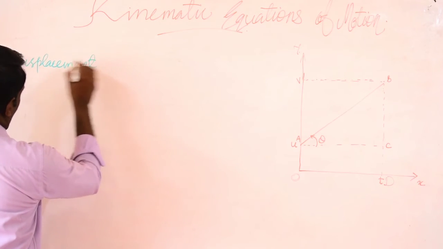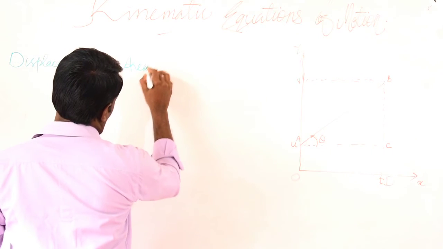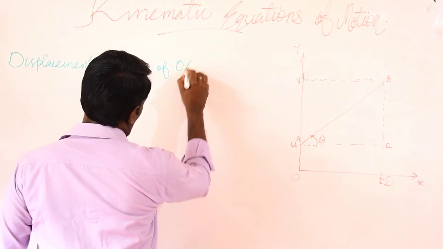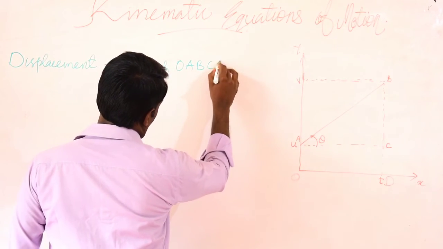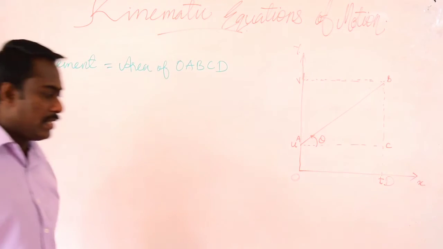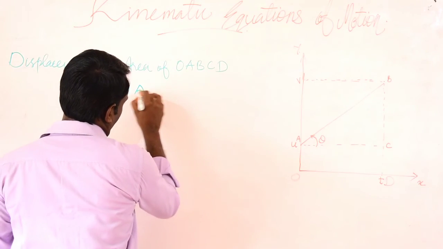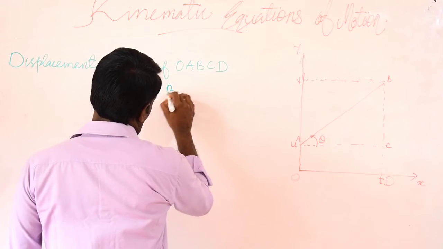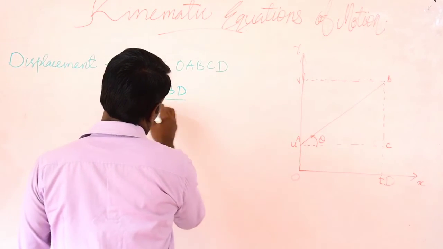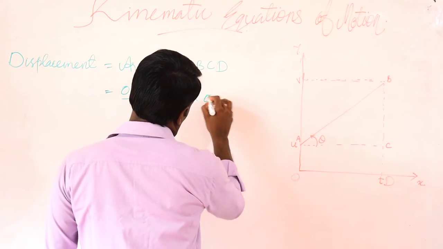Displacement is equal to the area of the trapezium OABCD.